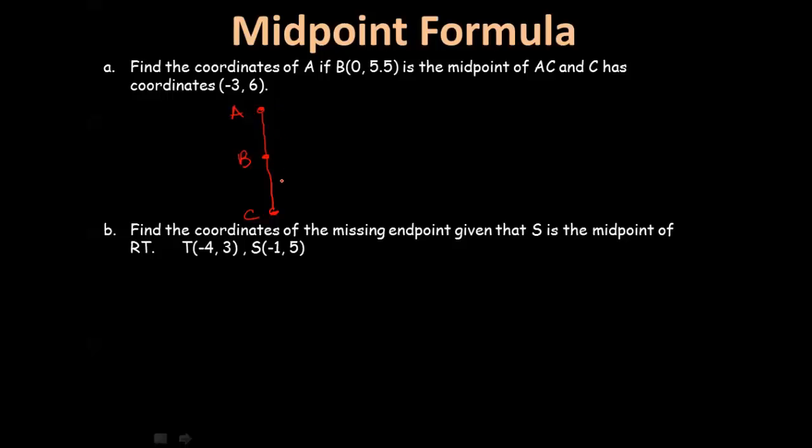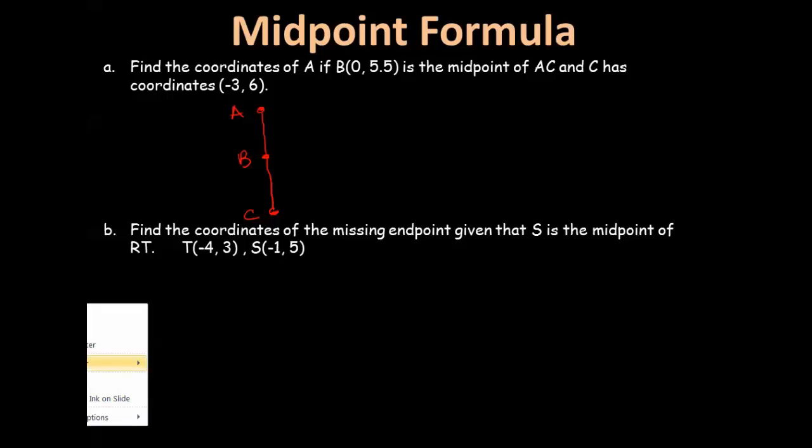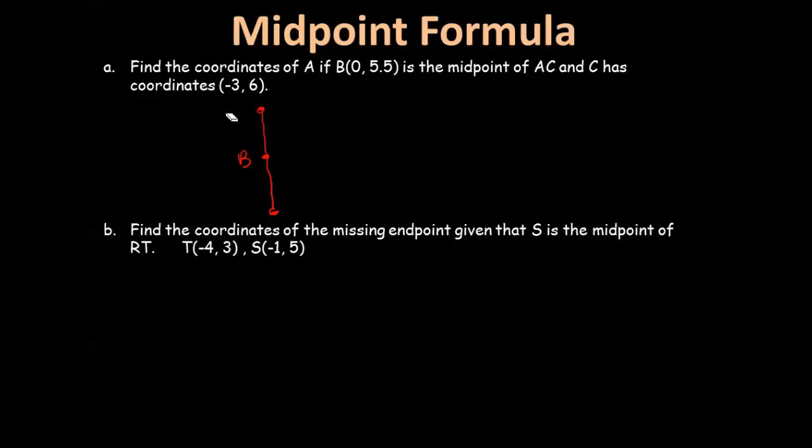And it says the coordinates of C. Oh, I'm going to do this the other direction. I like to work down. So I'm going to call this C. I'm going to call this A because I'm finding A. They tell me B is 0 and 5.5. They tell me C is -3 and 6.